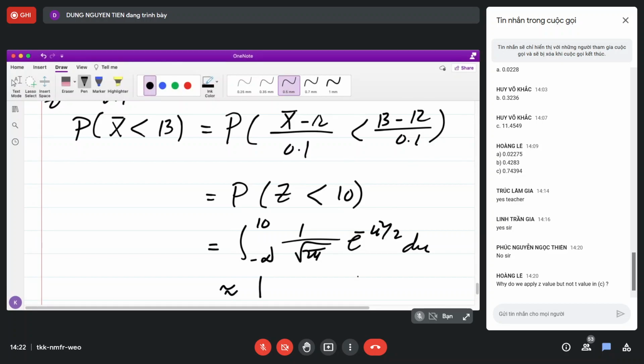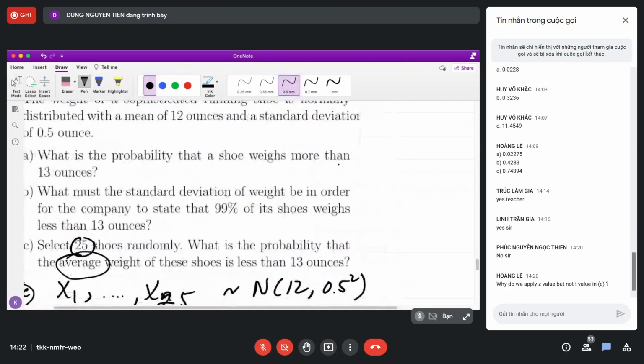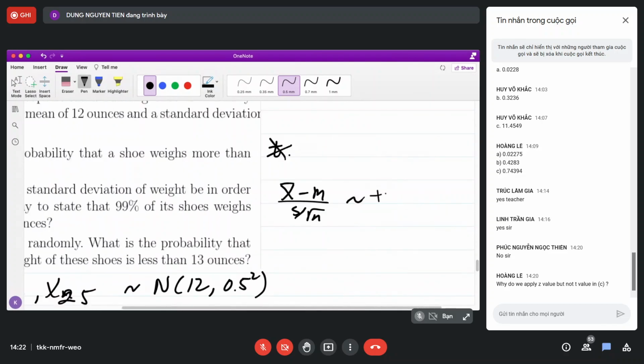We don't use T. The reason is that we get, let's say, (X bar minus mu) over (S over the square root of n). Then that follows the T distribution if Xi follow a normal distribution, right?